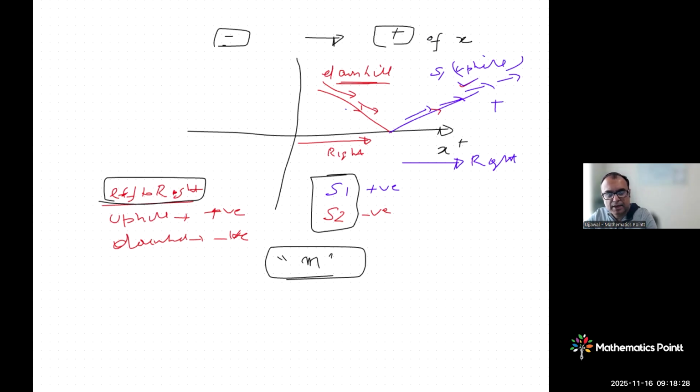Now, if my M is a negative value, which means the slope is negative, can you tell me whether we are traveling uphill or downhill, left to right? I'm waiting for the answers. I ask my question again. If you're not listening, that means your concentration is not here. M is a negative value.